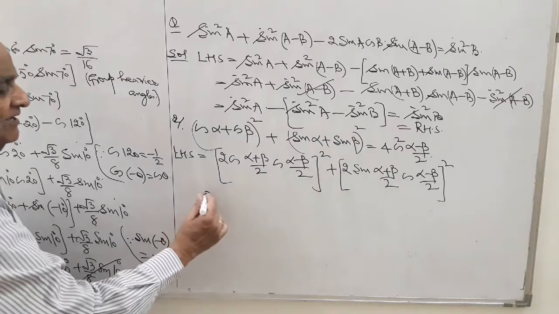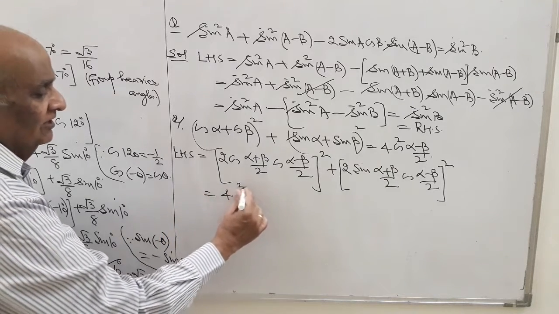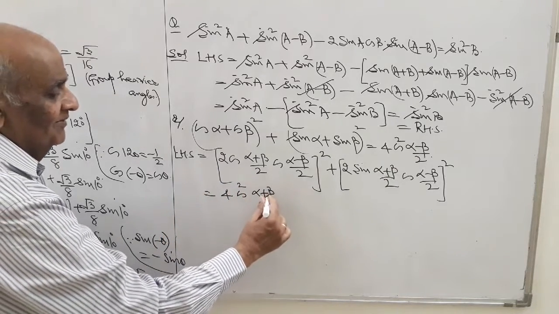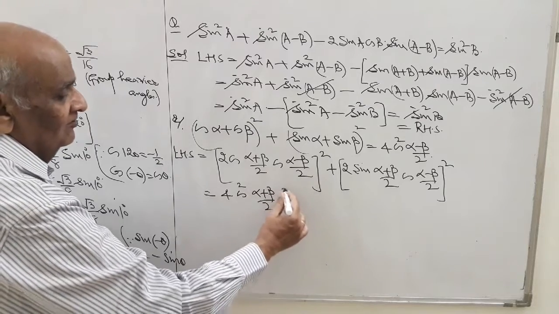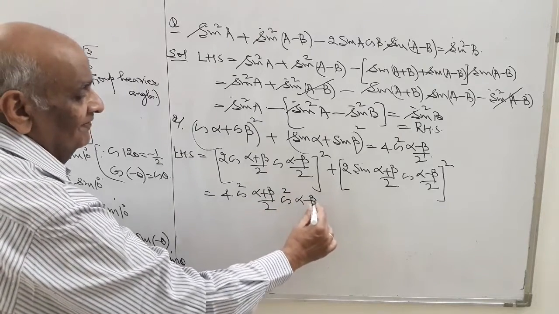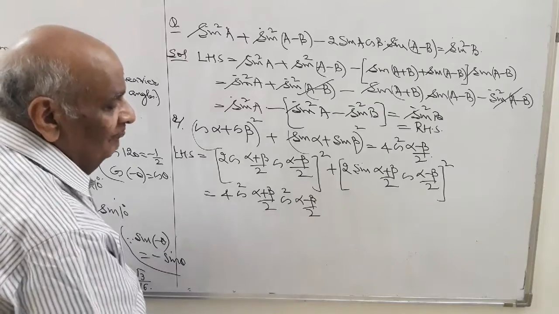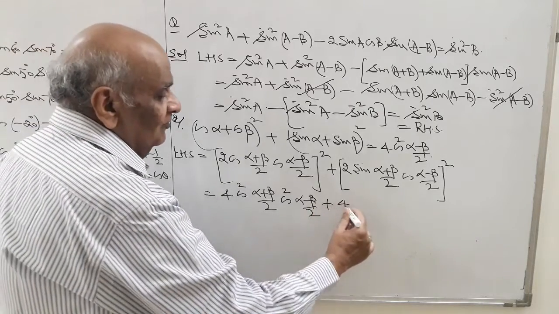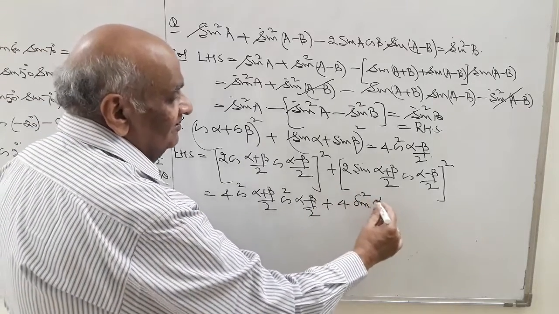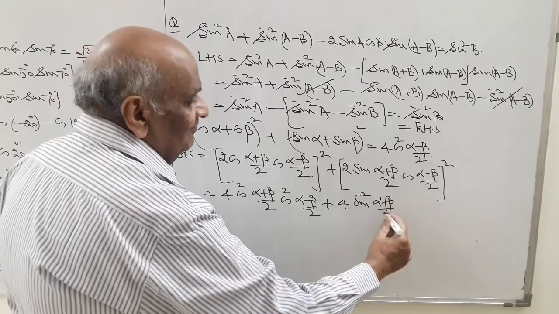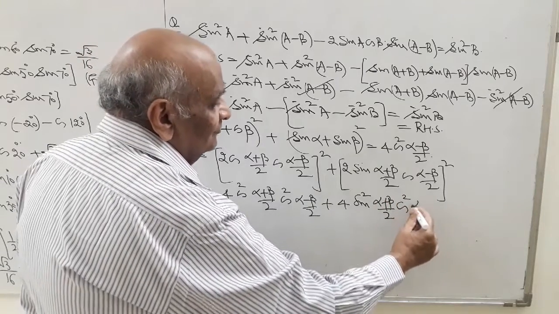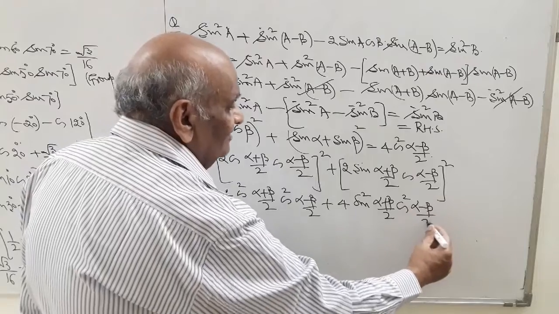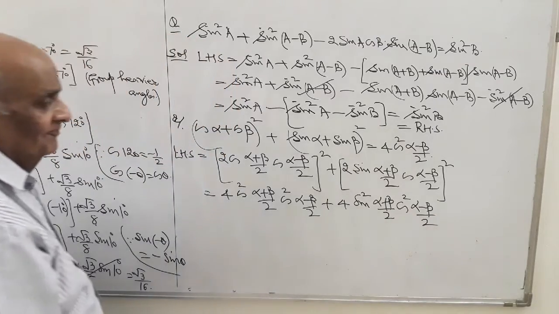Now, this will be 4 cos square alpha plus beta by 2 cos square alpha minus beta by 2 plus 4 sin square alpha plus beta by 2 cos square alpha minus beta by 2.